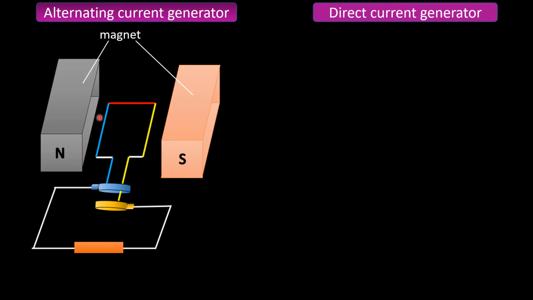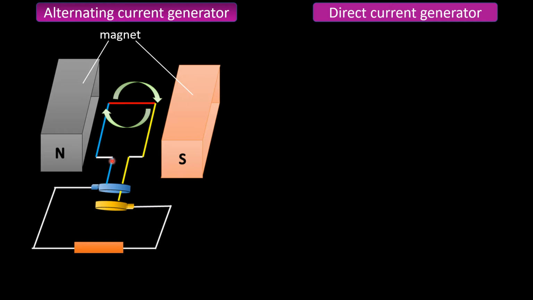This coil will be rotating in order to cut the magnetic flux. We know that electromagnetic induction induces EMF when there is a rate of change of magnetic flux. Thus, the coil has to be present and rotate so that the magnetic flux is changing all the time.